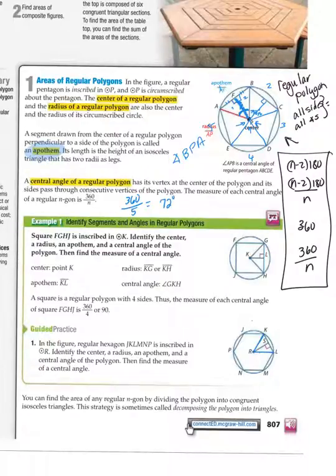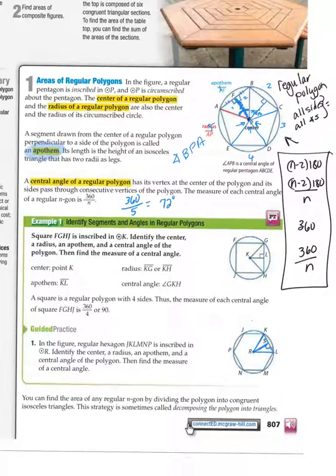So we refer to that also as a radius of the polygon. The apothem comes from the center perpendicular to one of the sides of the polygon. It's perpendicular to the side, and it cuts the side in half. That's going to be true.